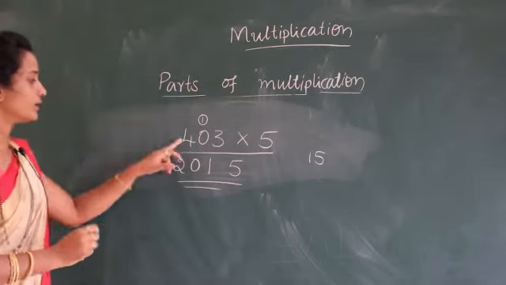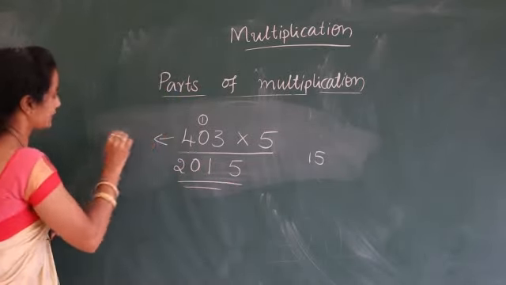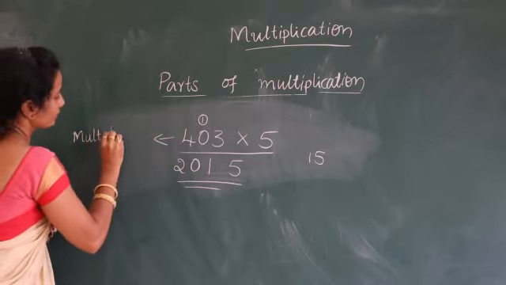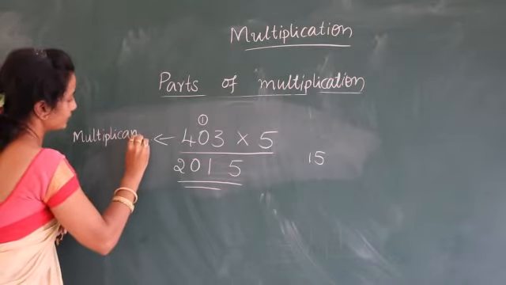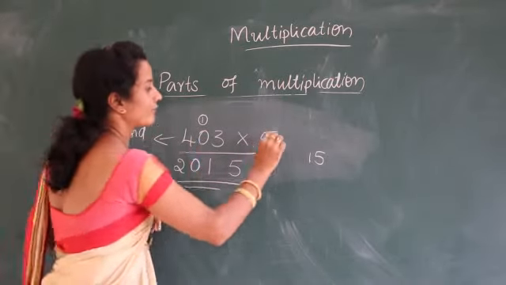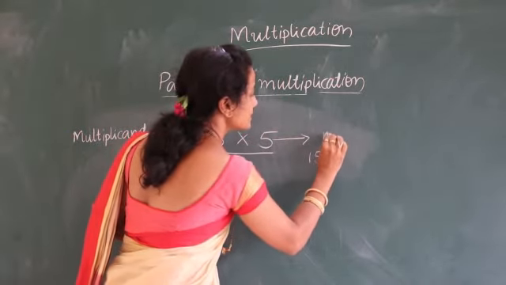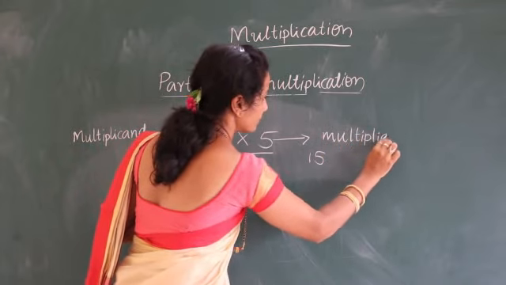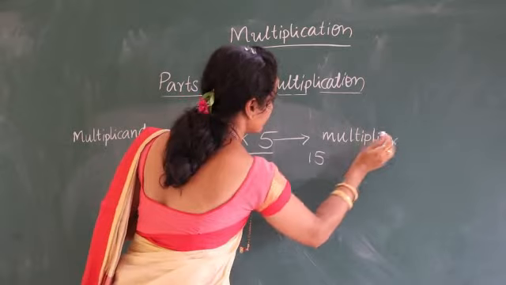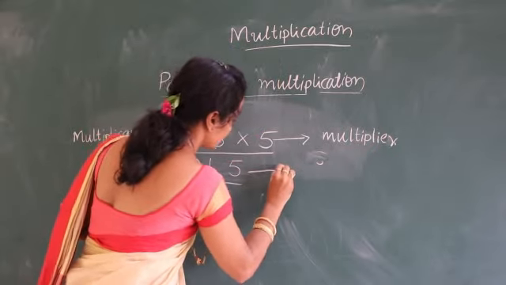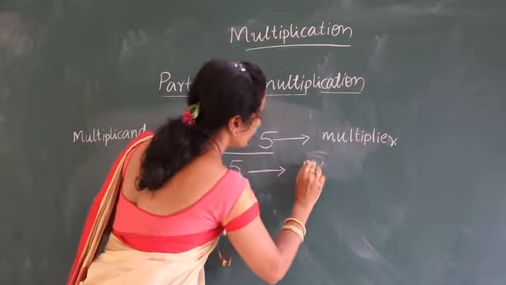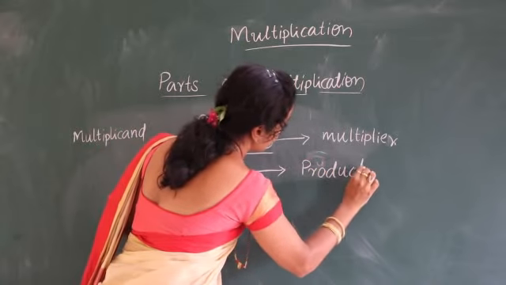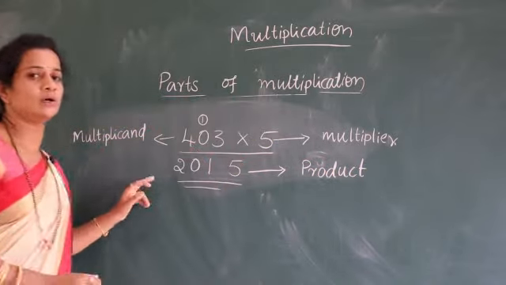Okay, so here 403 is called the multiplicand and 5 is called the multiplier and 2015, the final answer we got after multiplication, is called the product.